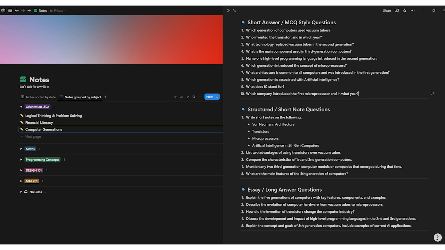The fourth generation means microprocessors. They are the ones we've been using nowadays.